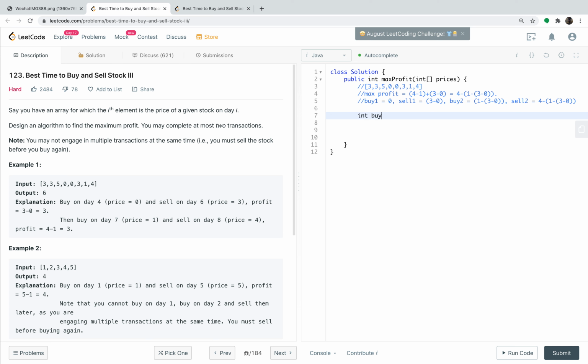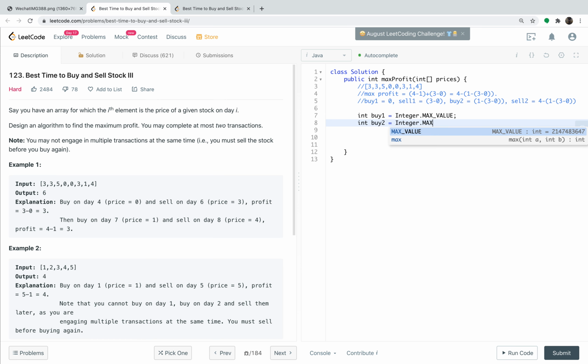First we can set buy1 as the integer maximum value, and buy2 as the maximum value too. Why do we set it as the maximum value? Because as we have said, we have to make buy1 and buy2 as small as possible.